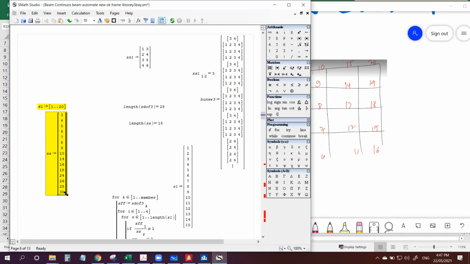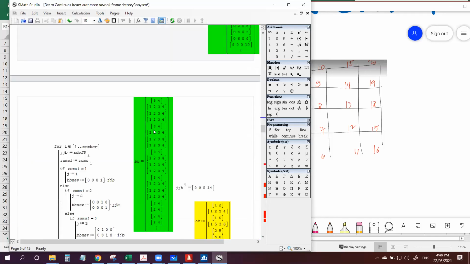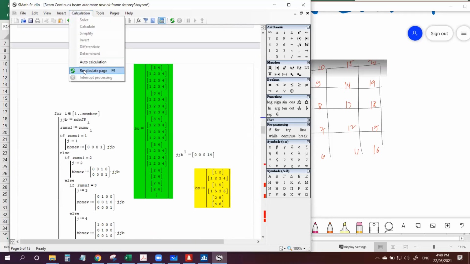Then add another 5 data. That will be 34, 36, 38, 40. Okay, that's it. Recalculate. What's our BU?